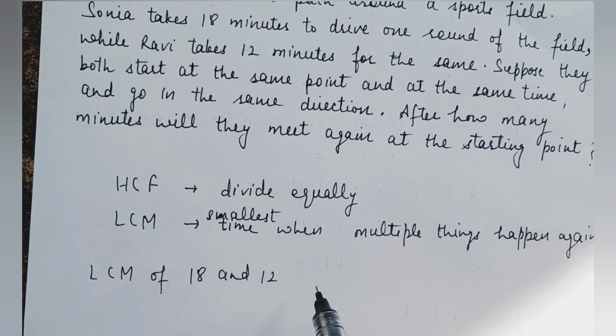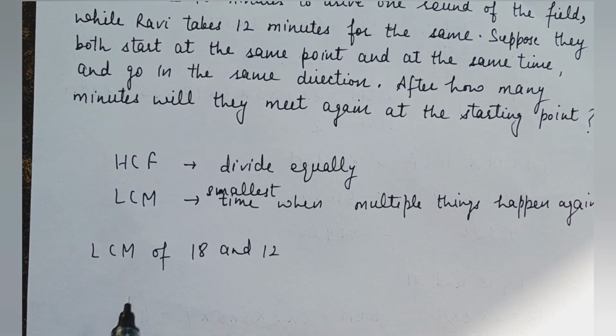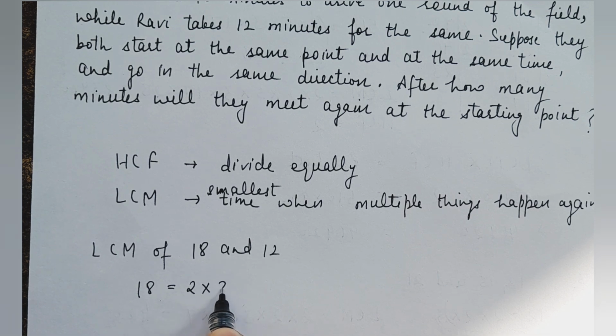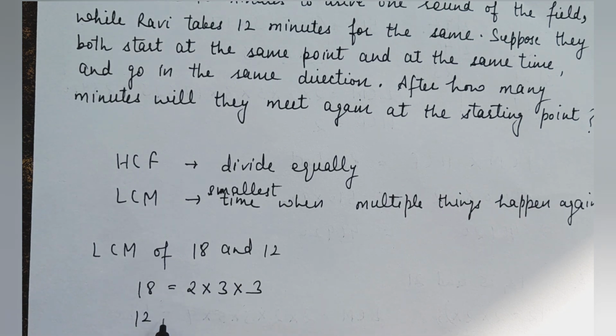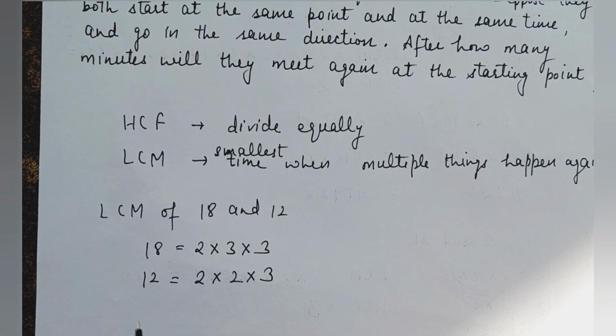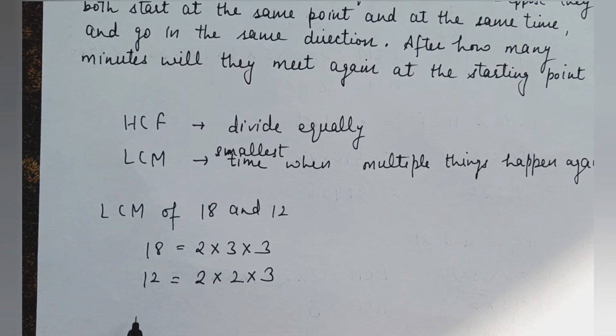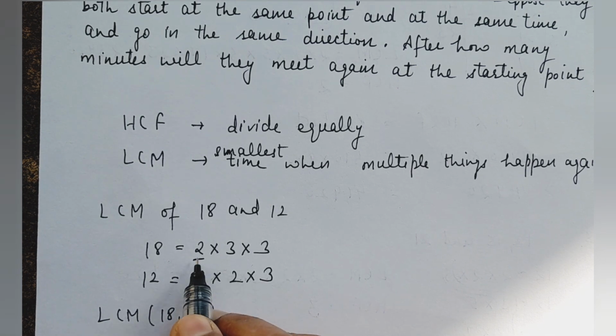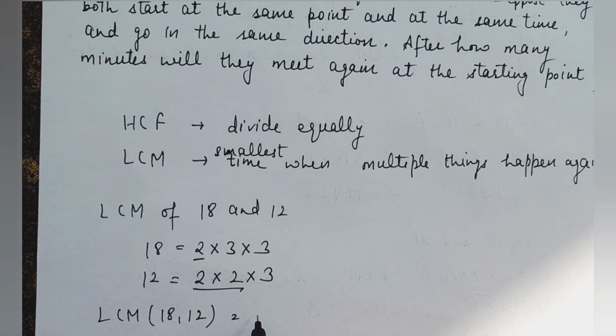So we need to factorize 18 and 12. Factors of 18 are 2, 3s are 6, 3s are 18, and factors of 12 are 2, 2s are 4, 3s are 12. To find the LCM, as I told you in the earlier questions, we need to take all the factors of 18 and 12. Here 2 is occurring once, here 2 is occurring twice, so we take the maximum times.